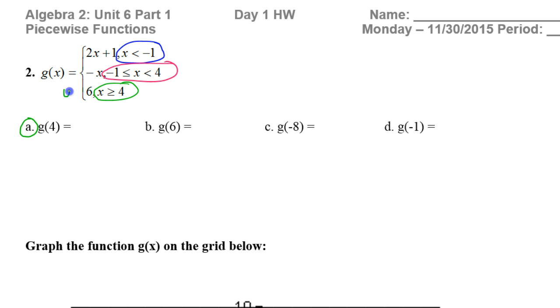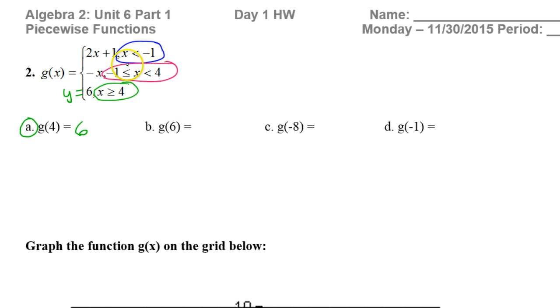Now understand that this just says y equals 6. So anytime the x value is greater than or equal to 4, then y equals 6 automatically. So that means for this particular problem, we're just going to have a value of 6 every single time. Okay, what about if an x value is 6?